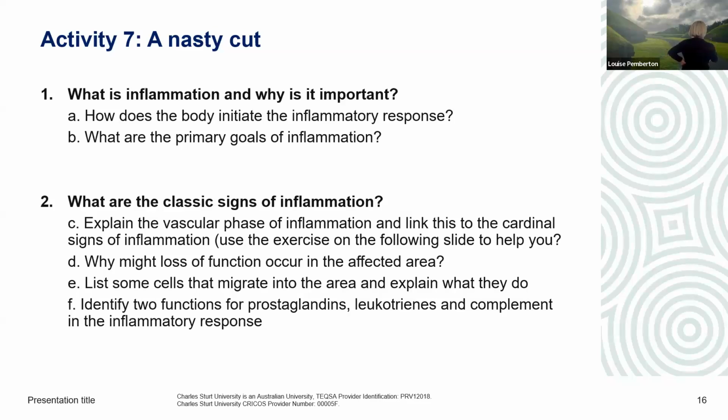And those two cells, as well as B cells, are antigen presenting cells. Yeah, for the adaptive immune response. What other cells might go into the area? Eosinophils as well, they get out.